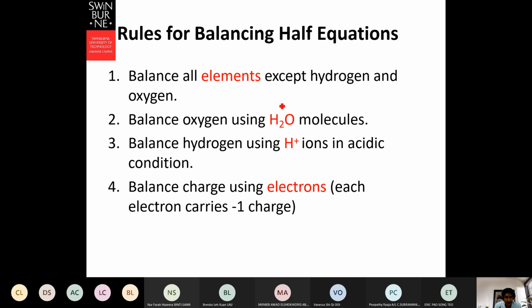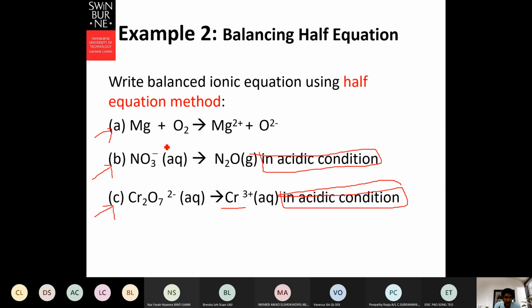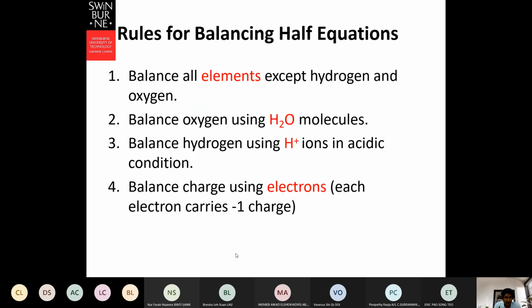So there are some rules for balancing the equation, for the half equation actually. First of all, we will balance all the atoms. Atoms means this magnesium. There are 2 oxygen atoms. So we will balance all the elements except hydrogen and oxygen.